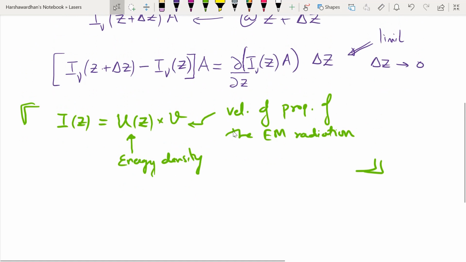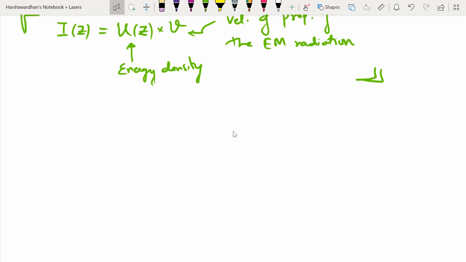This quantity is simply the rate at which energy is leaving this volume, so I can write that down. Minus dou by dou T of the energy density gives me the rate of change of energy density, where the minus sign tells me that the energy is leaving this volume, and the volume is simply A times delta Z. The total energy in that would be simply the energy density at Z times A times delta Z. This is the total energy.